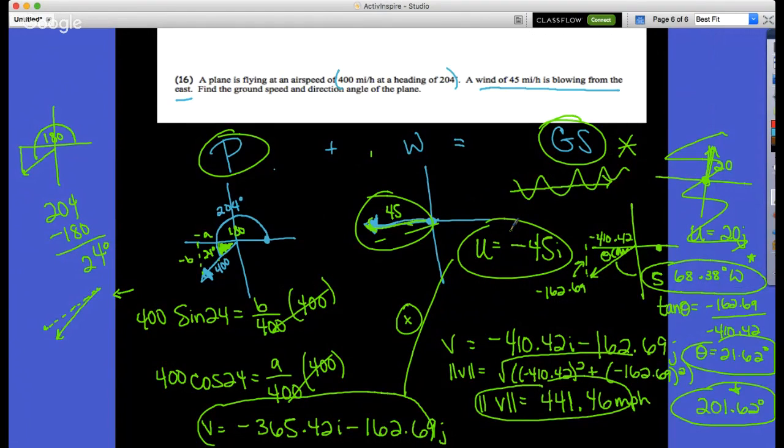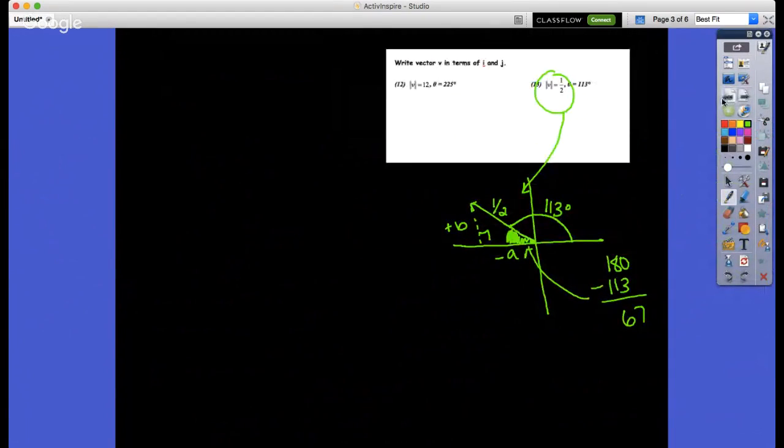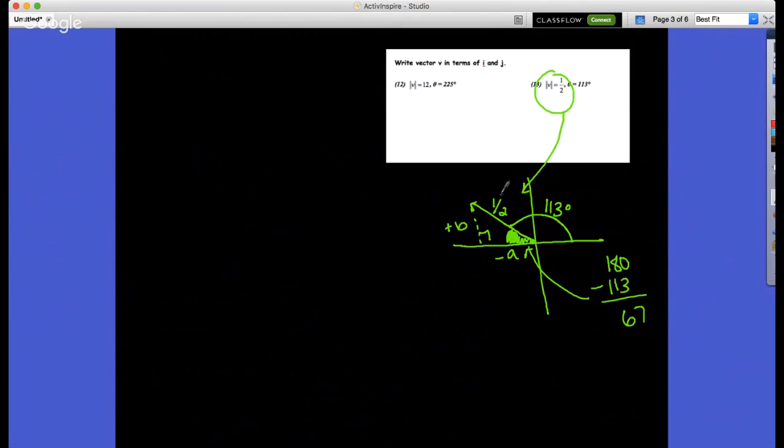I know how to find the wind. I know I need to add them together. I know how to find the magnitude. The actual direction angle might be something we need to look at. But the whole process, there's a lot of decimals, there's a lot of numbers being thrown out there. It's easy to forget a sign. So I get where you're coming from. All I could tell you is, keep with it, because I think we can do this, all right? We can definitely do this.